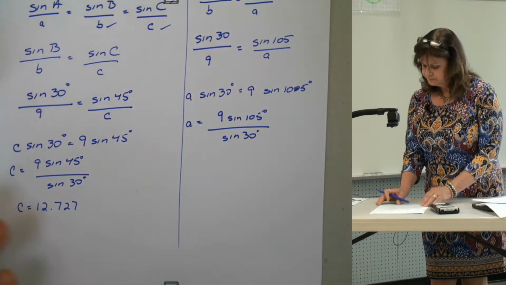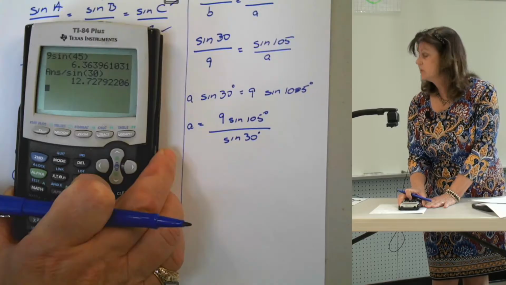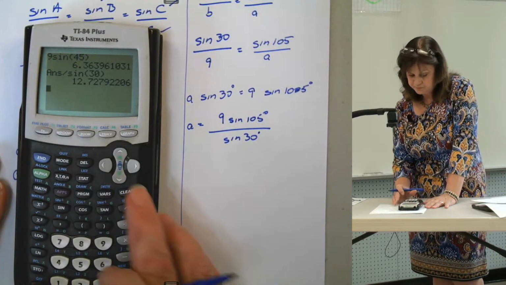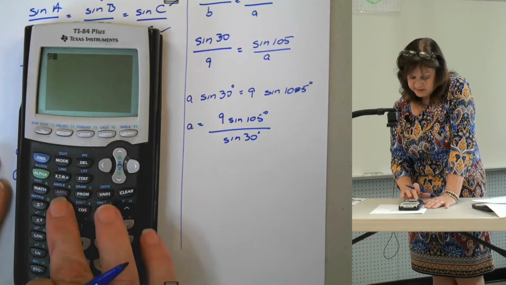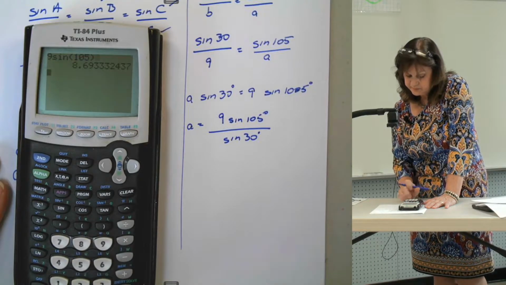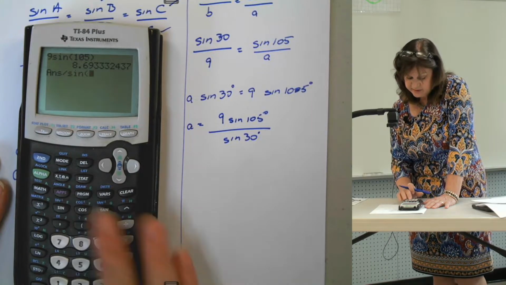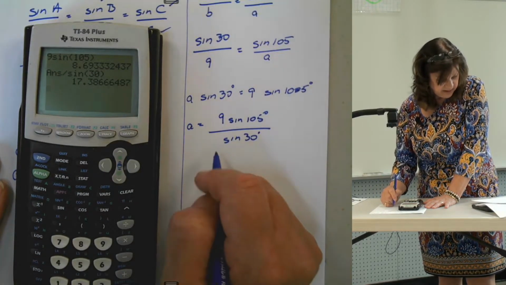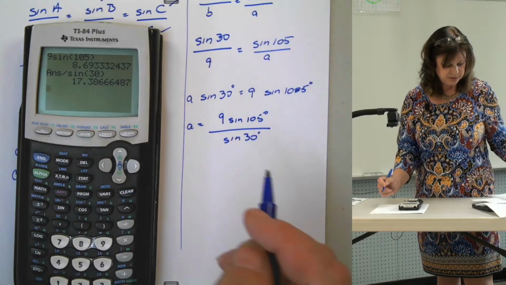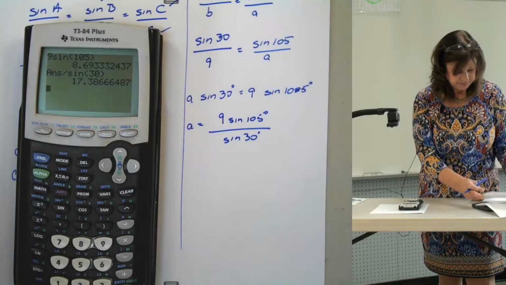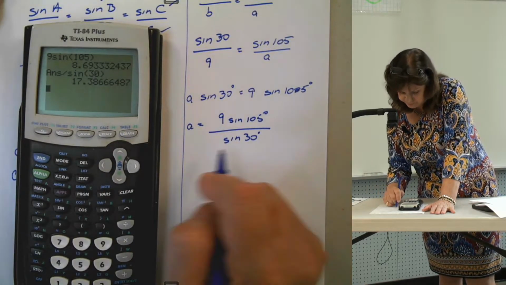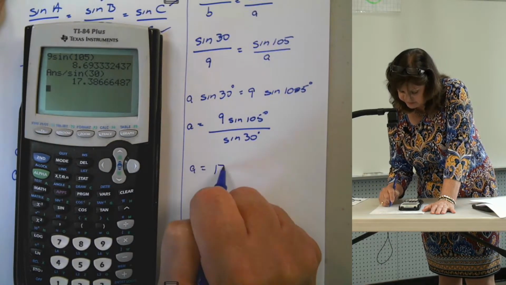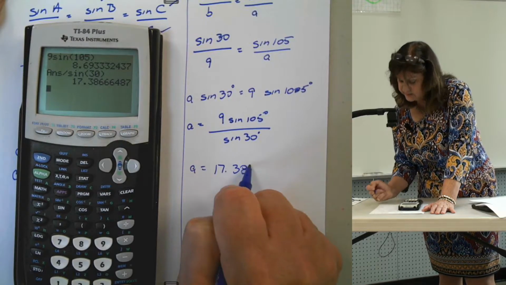All right, go into our calculator. 9 sine 105 divided by sine 30. And the length of A should be 17.386.